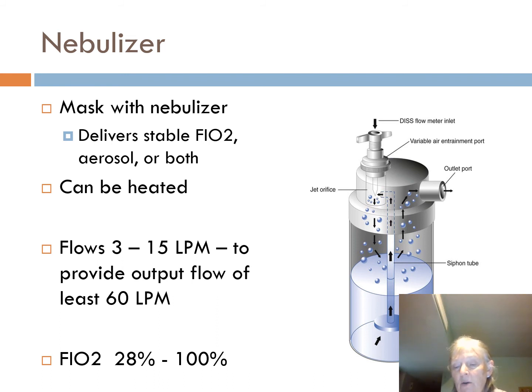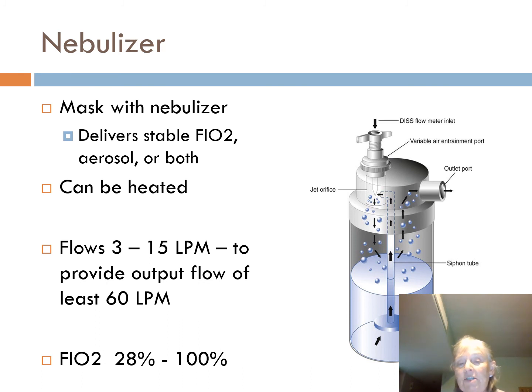And the reason that you say that is if you use the formula, 100 minus 100 is 0 over 100 minus 21, and you come up with 0 over 79, okay? 0 means you're not entraining any outside air. The only thing you're delivering to that patient is what's coming out of the flow meter.